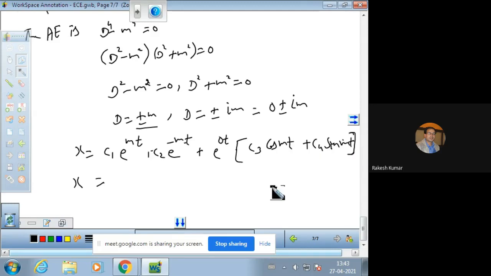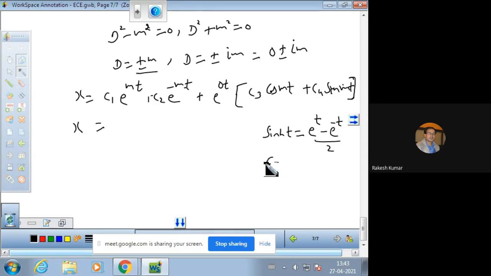Now we have a formula: sine hyperbolic t is e raised to power t minus e raised to power minus t over 2. This is the formula we have, and cos hyperbolic t is e raised to power t plus e raised to power minus t over 2.